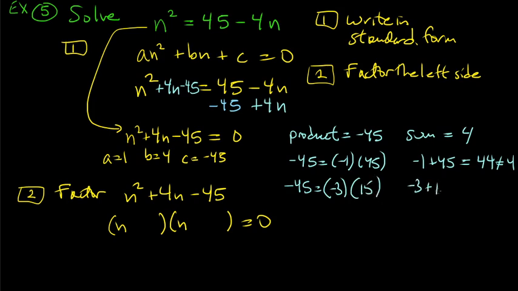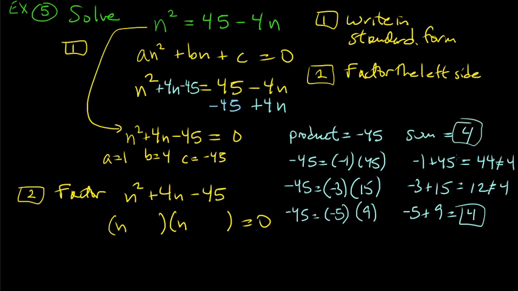Negative 3 plus 15 is 12, but that's not equal to 4. Can we divide by negative 4? No, for the same reason that 45 is not even, and it's not divisible by 4, or any even number. Can we divide by negative 5? Sure. Negative 45 divided by negative 5 is positive 9. When we add these, negative 5 plus 9, sure enough, we get 4. So these are the two numbers, and we get n minus 5 times n plus 9.